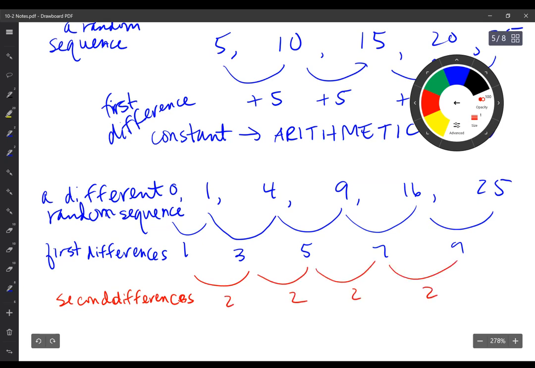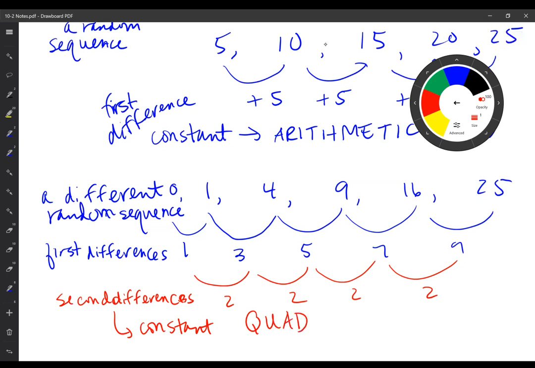So if my second differences are a constant, then I have something that is quadratic, which should be pretty obvious because I was working with square numbers, right? 1 is a perfect square, 4 is a perfect square. So this is that idea of first and second differences. When your second differences are constant, then we have a quadratic.